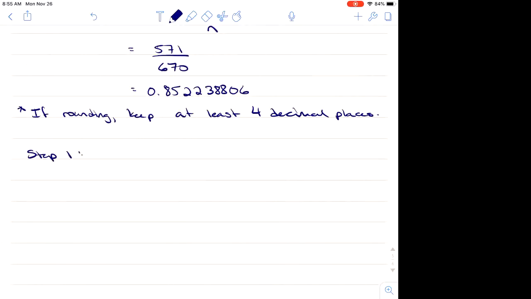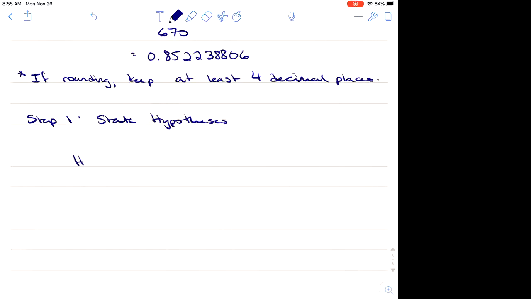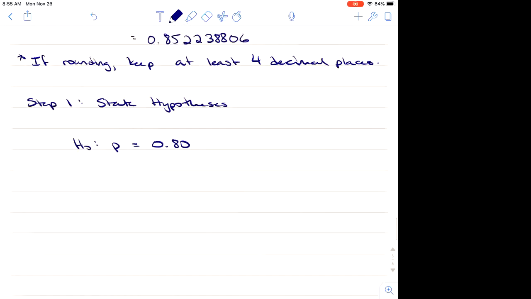So step 1 is to state our hypotheses. Our null hypothesis is that P equals 0.80, because we want to know, do these data provide convincing evidence that more than 80%, right, answered the second option?